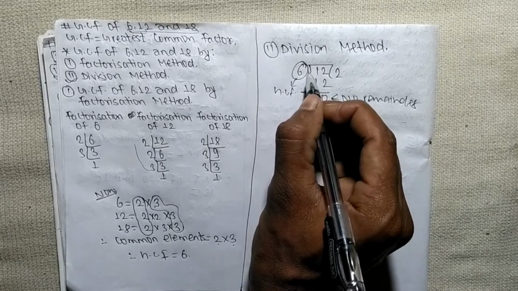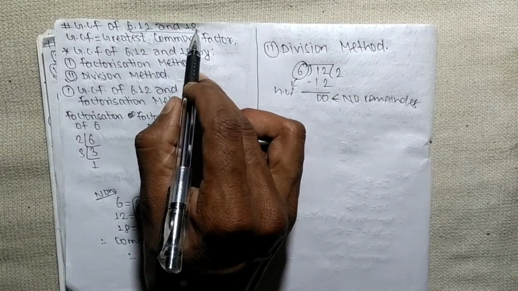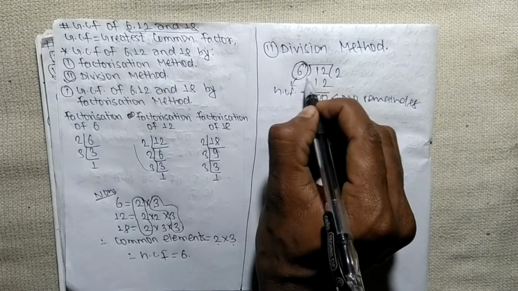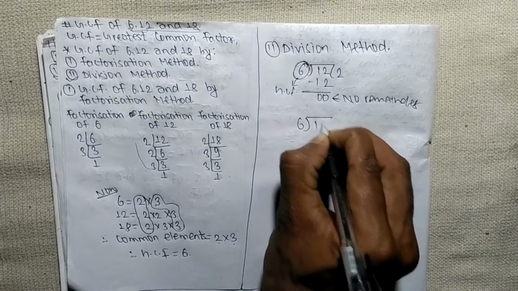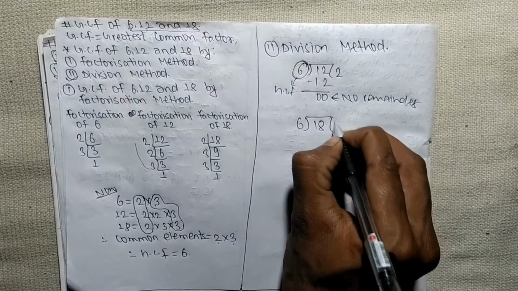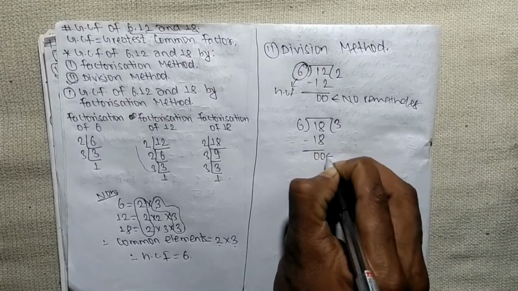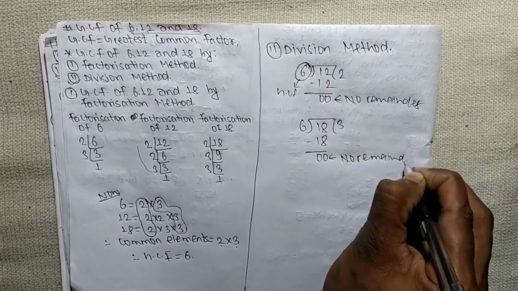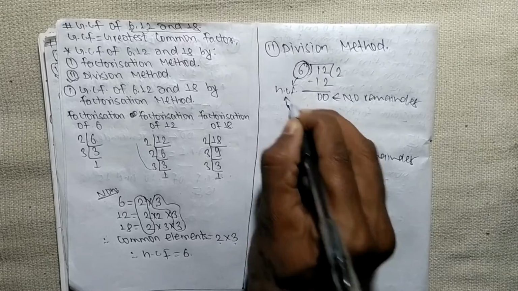But here we are finding GCF of 3 numbers, 6, 12 and 18, so we have to again divide 18 by this 6. 6 divides 18, it is 6 times 3 means 18, so it again leaves no remainder at last.